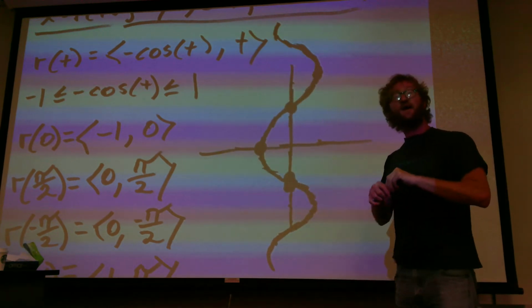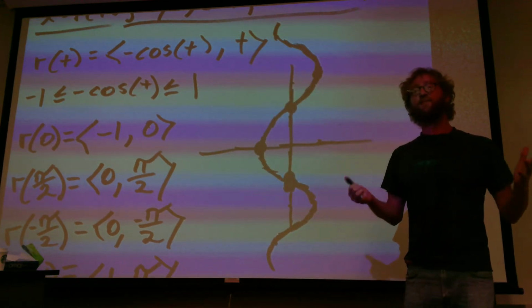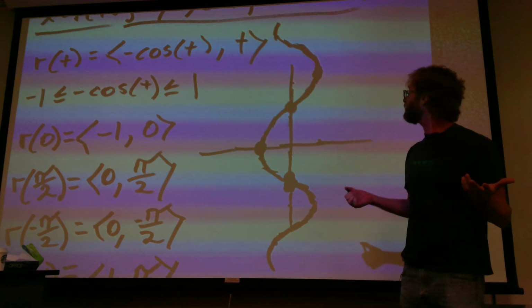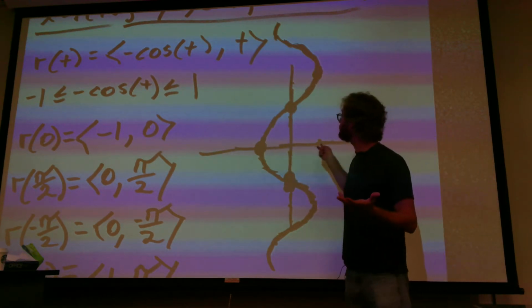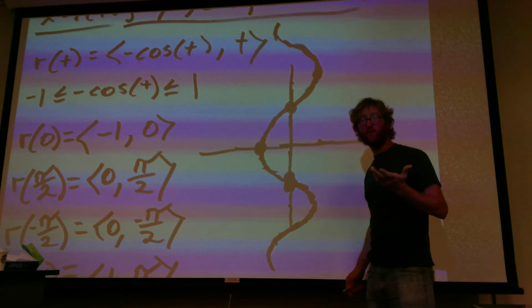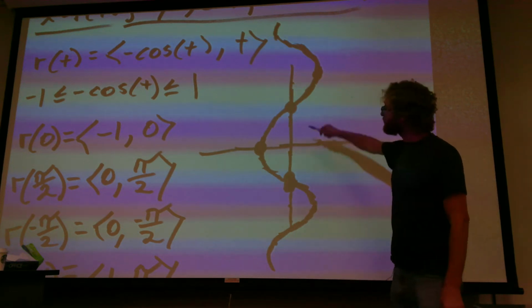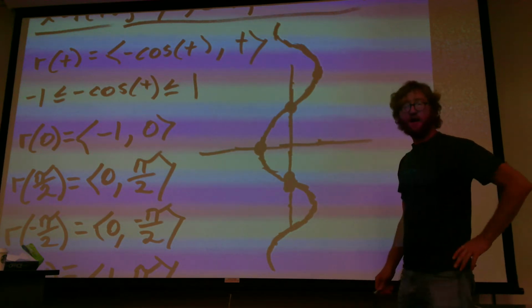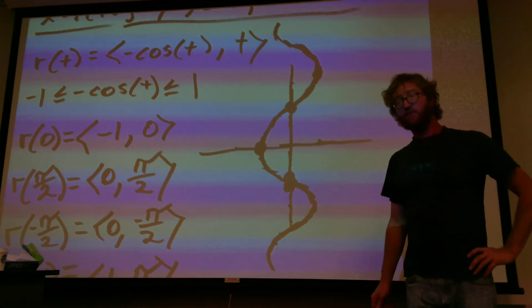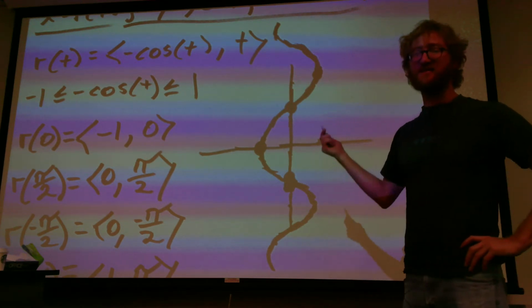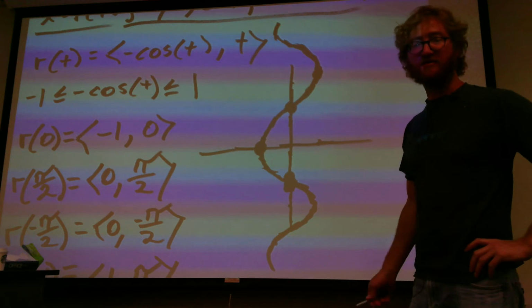That means that the x direction is going to be bounded between -1 and 1. Okay, so it's never going to go out in the x direction beyond -1 and 1. But t can grow in the y direction in either direction. So what do we end up with? This is obviously not a function because it doesn't pass the vertical line test.